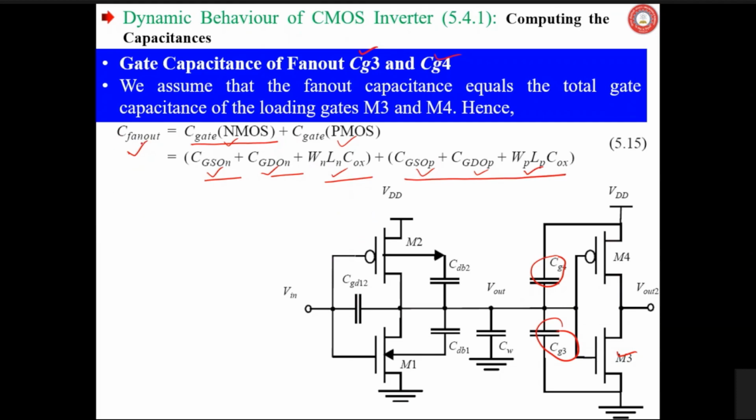See fanout, we normally say that one of the components of CL is COX of the fanout gates, and two COX. I might have said only this part. But yes, if it is not a self-aligned process, then these two components also will be there.